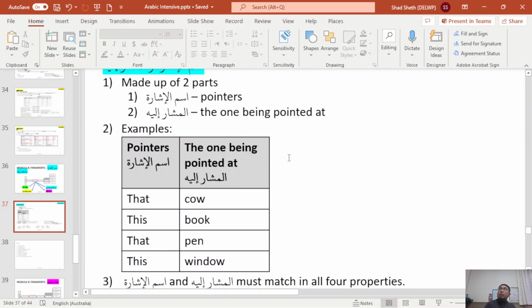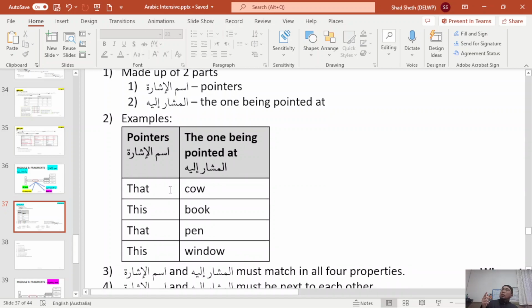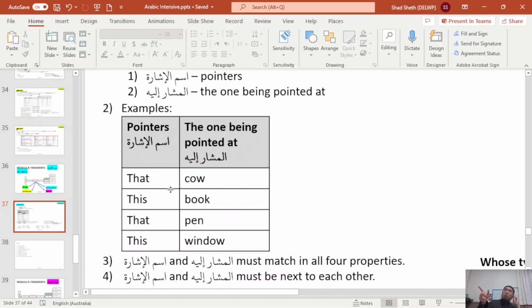So the way that we do that is, we need to make sure the pointer, which in this case says that, so let's say dhalika, and then pen, qalamun, must match in all 4 properties. But to make it easier for everyone, just make sure that the one that is being pointed is proper. So you want to say that pen, you will say dhalikal qalamu.